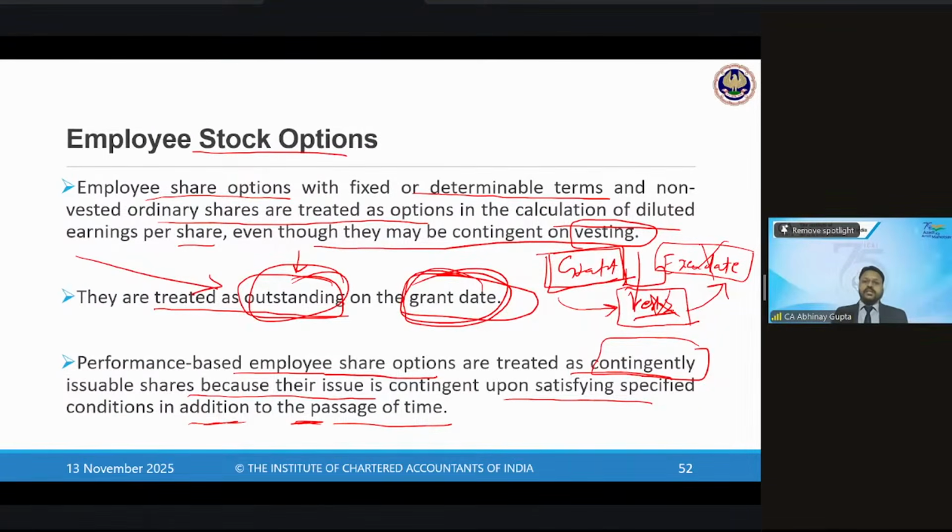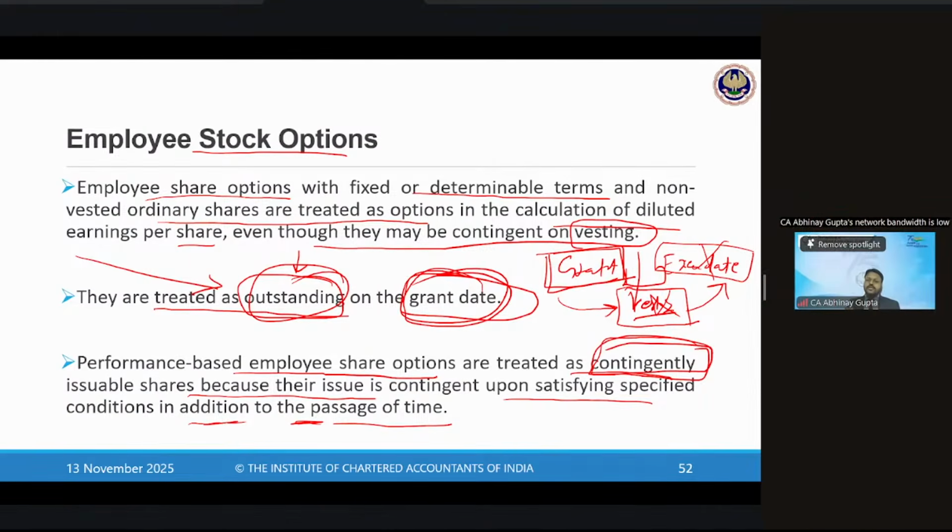We will only see how many total shares will eventually be issued to the employees, and those are considered outstanding on the grant date, provided there are no performance conditions, right? If performance conditions are there, then they will be covered under the concept of contingently issuable shares. And the contingently issuable shares treatment is that whenever the event occurs, only then will we consider them. Until then, we will ignore them. Clear? Clear.